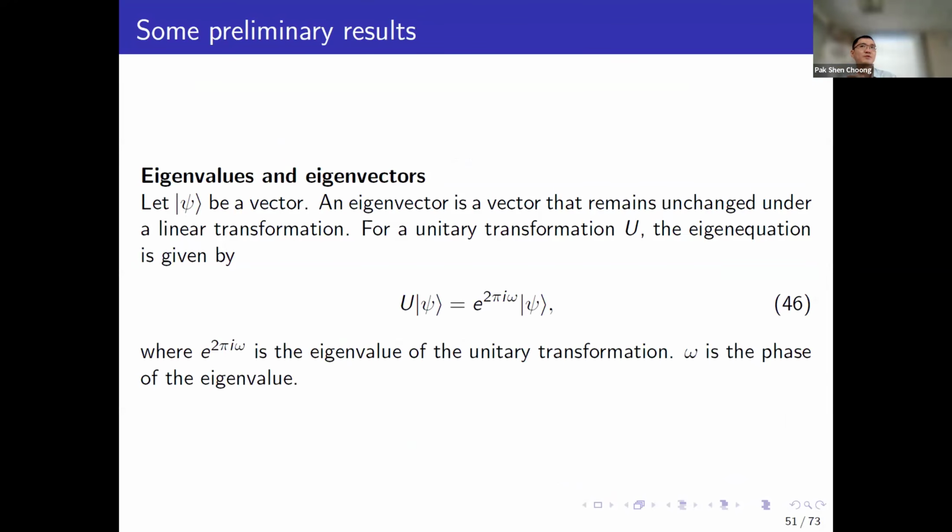If let's say your psi is a vector, you can identify the eigenvectors of some unitary matrices by equation 46. And because this is unitary, you can understand that the eigenvalues are given by just a phase.